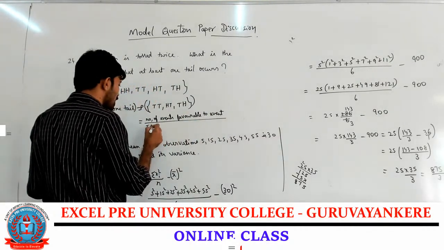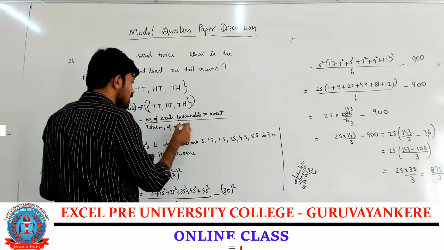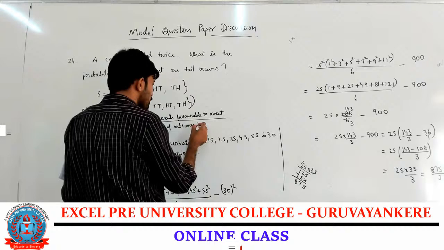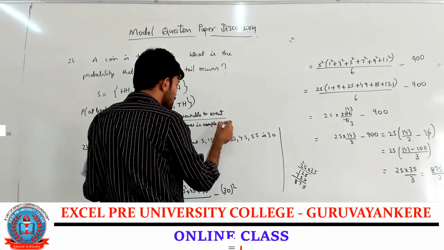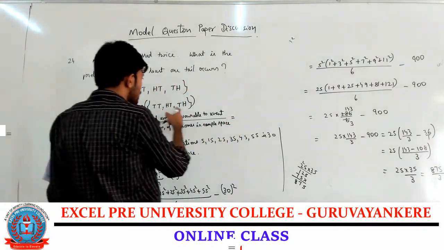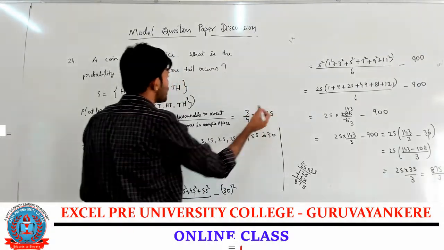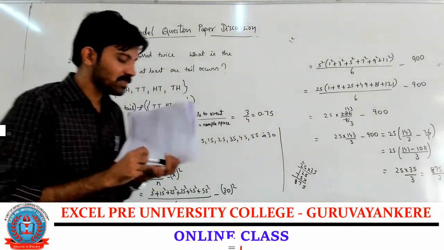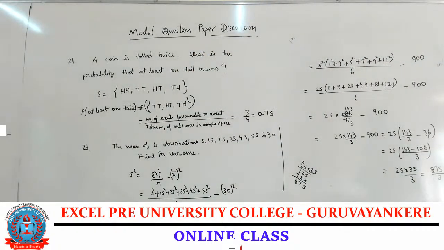That is 3 divided by 4, which is equal to 0.75. We completed all 2 mark questions. 1 mark and 2 mark questions we have completed.